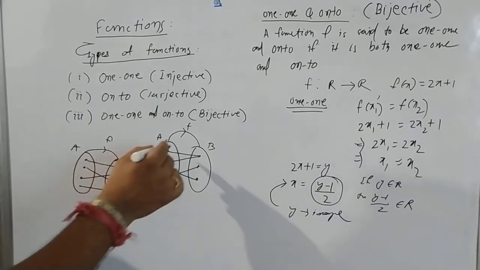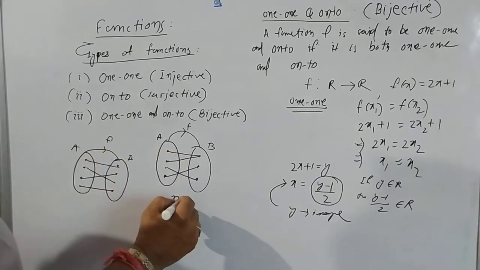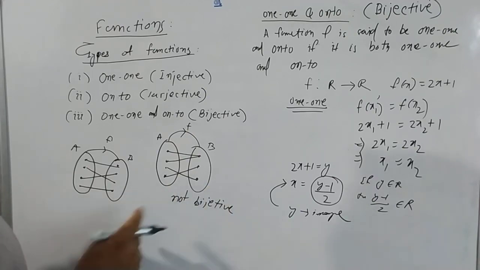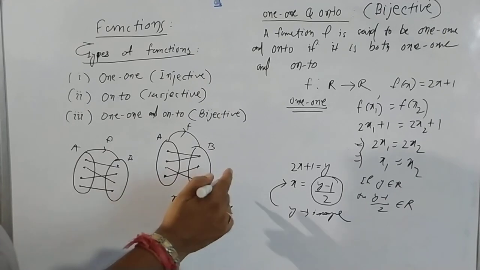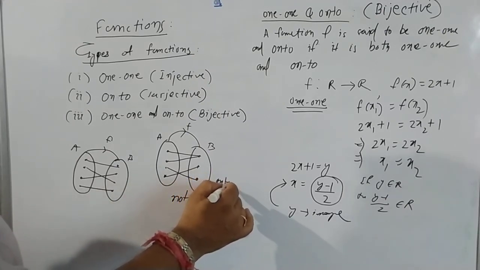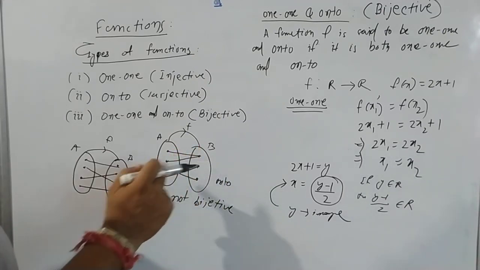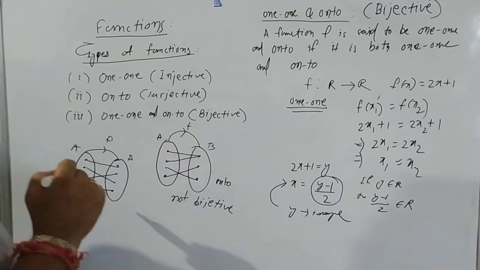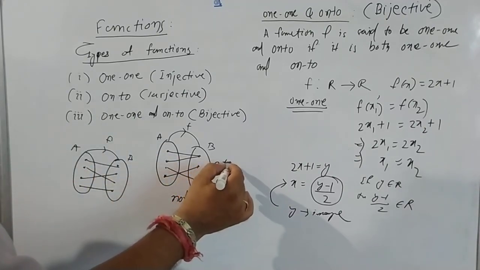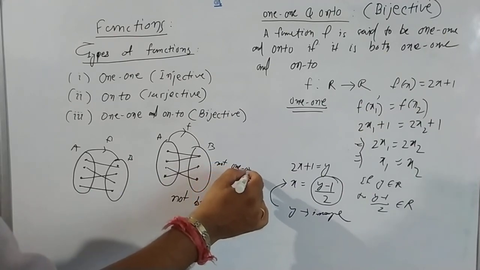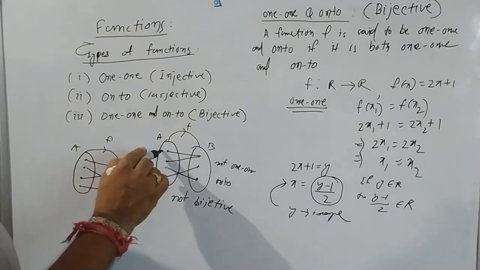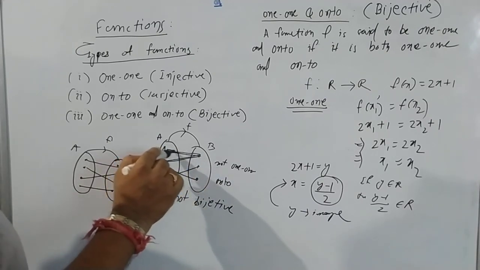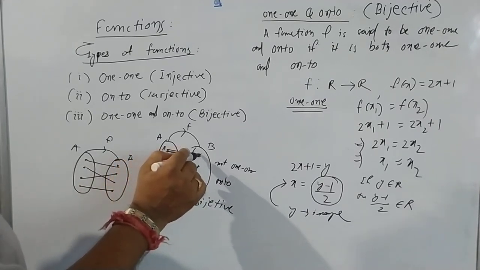Here this is not bijective, because this is onto, as all the elements are the image of the elements of set A, so it is onto, but not 1 1, because here this element and this element both have one image.